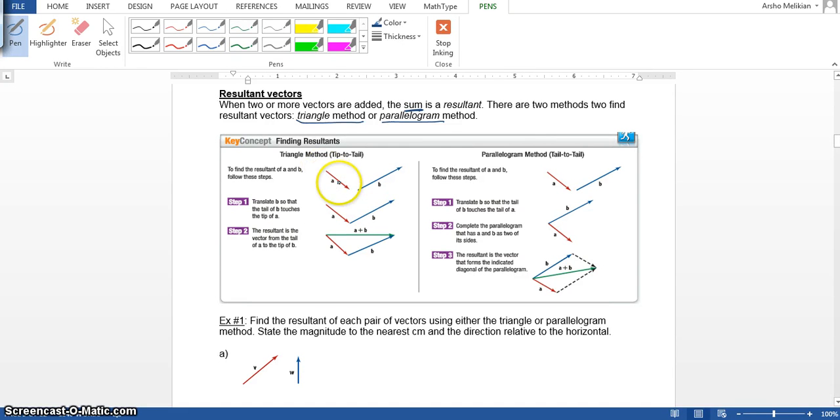All right, so what we do is this. You have your vector A and your vector B here. One is your first and the other is your second vector.